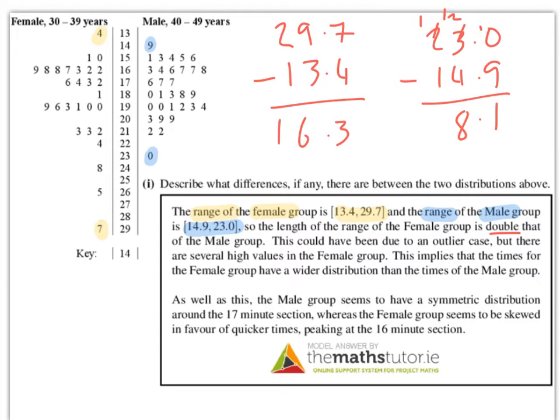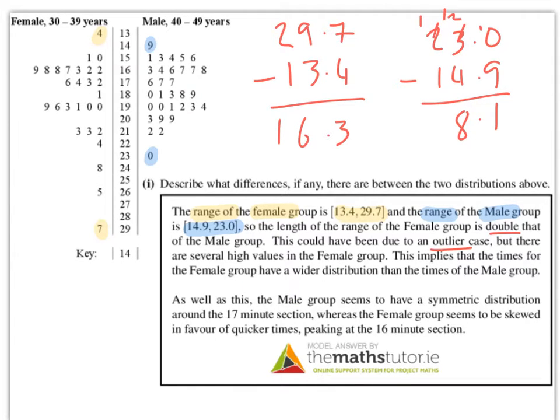So this could have been due to an outlier case, but there are several high values in the female group. So in the female group we have 29.7, that's very high, very far away from the majority. We have 26.5, that's quite high as well, and then 24.8, whereas we don't have any of those high values for the males.